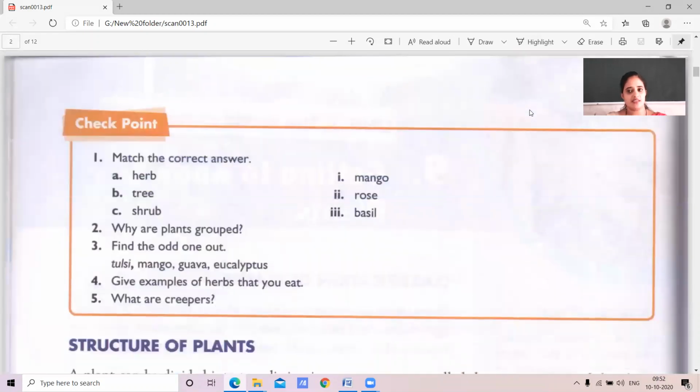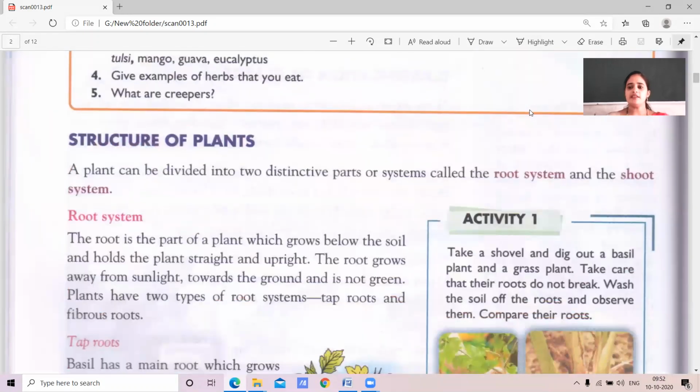Then we learned about two major parts present in the plant, that is the shoot part and the root part. The root consists of the main root, and it consists of two types of root, that is the taproot and fibrous root.